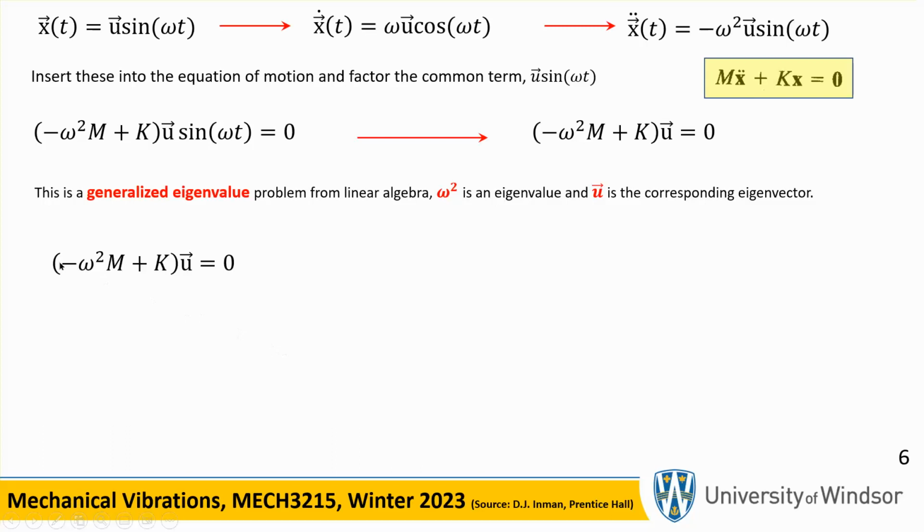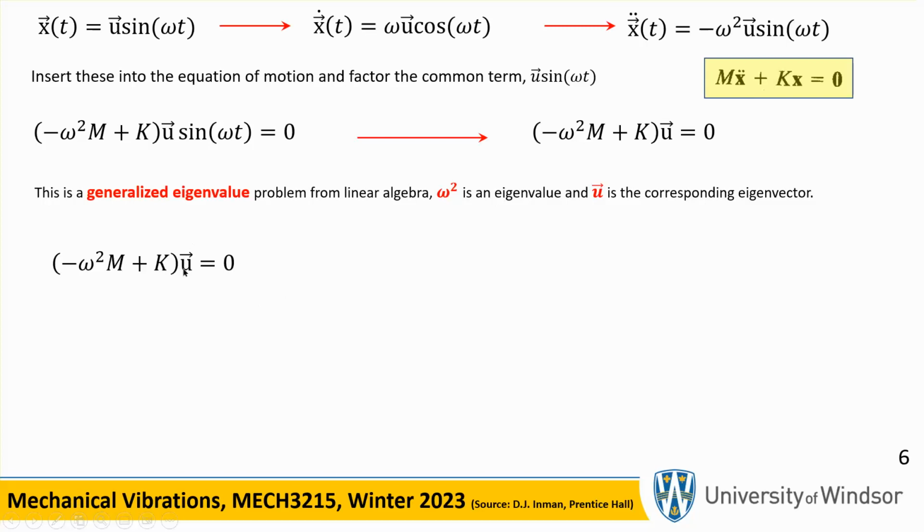Essentially, this got to be 0. Now, how can the product of a matrix and a vector be 0? Well, one way is if u is 0, but if u is 0, that's totally useless because it says that x is 0. These blocks don't move at all, right? Because after all, if u is 0, the positions of the two masses, x1 and x2, which are components of this vector, are 0, and that's totally useless.